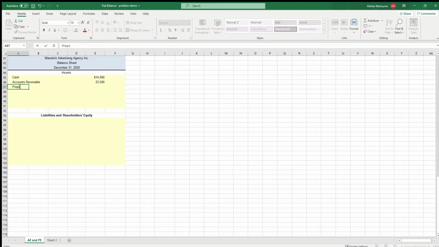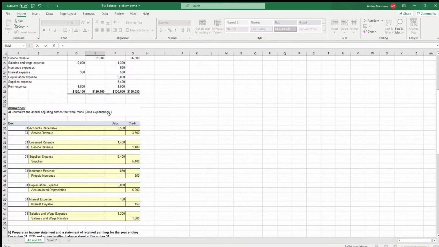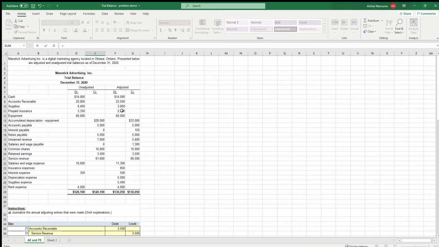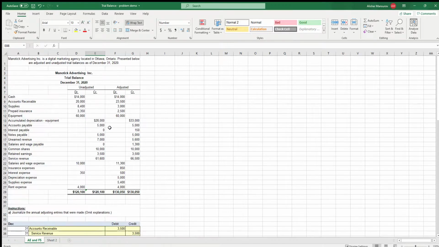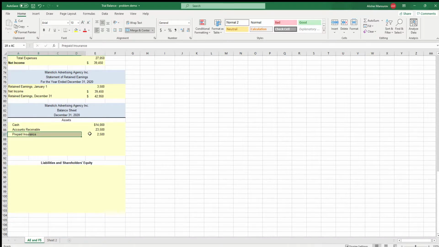Prepaid insurance asset account, and that is 2,500. And oh, by the way, we also have supplies here. We missed supplies, so let's put supplies in between here.